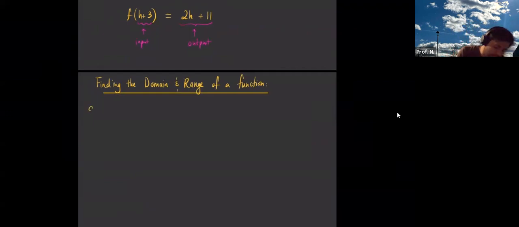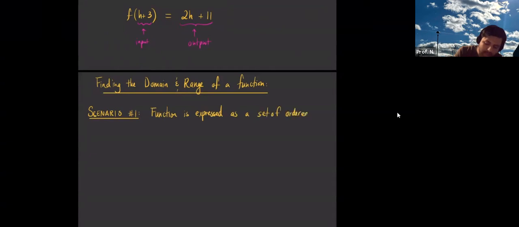So I'm going to call this scenario 1. The first scenario is when you have a function expressed as a set of ordered pairs.